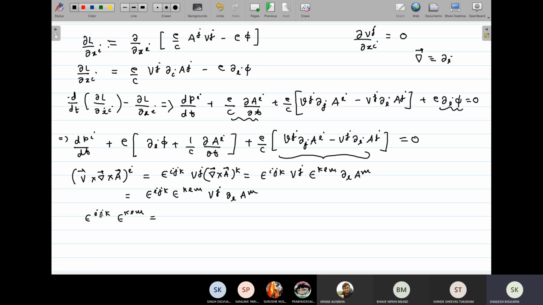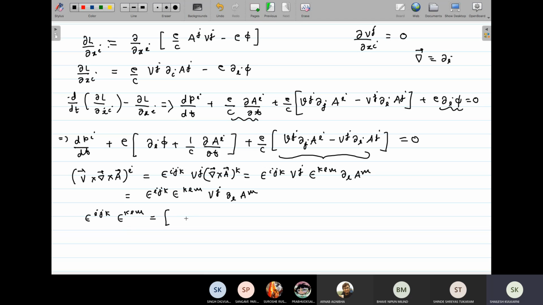This is antisymmetric in ij, antisymmetric in lm, and k is summed over. So k should not appear on the right hand side, and the right hand side expression should be antisymmetric in ij and lm.